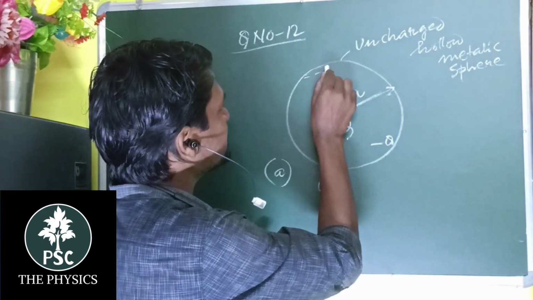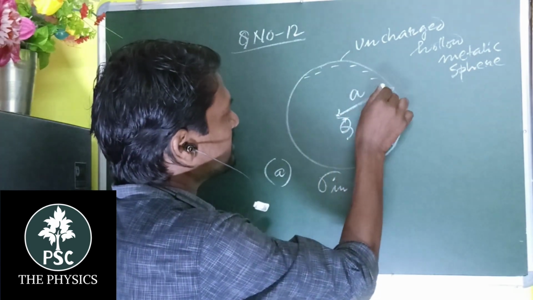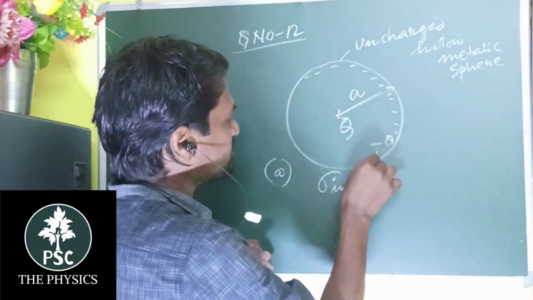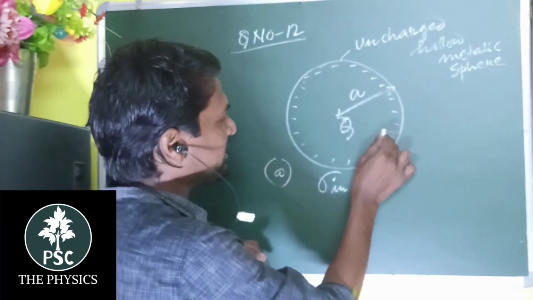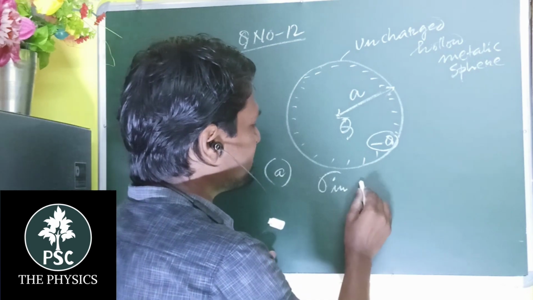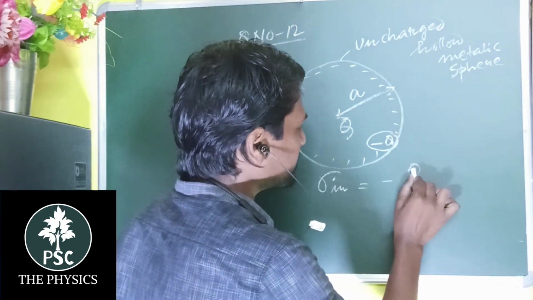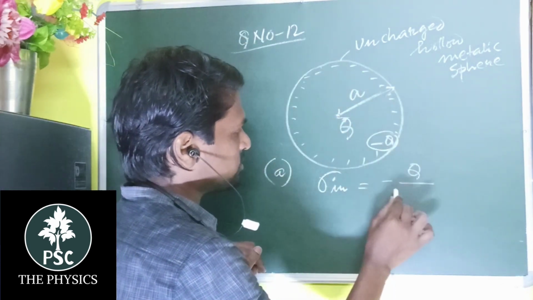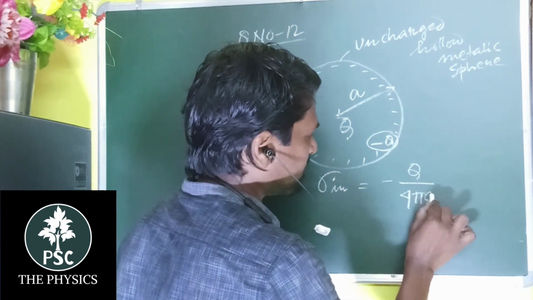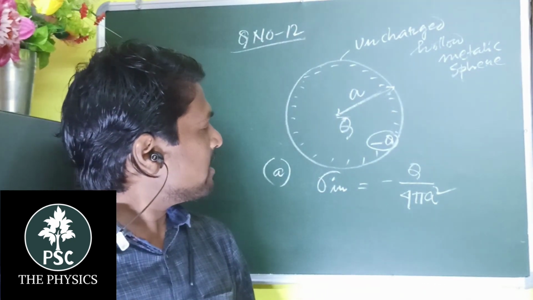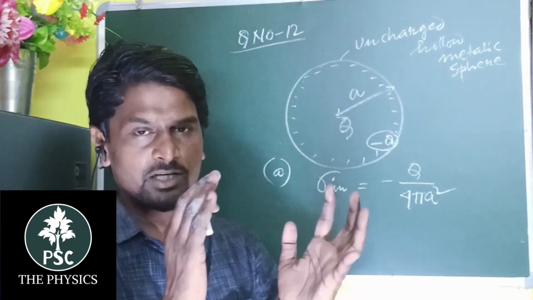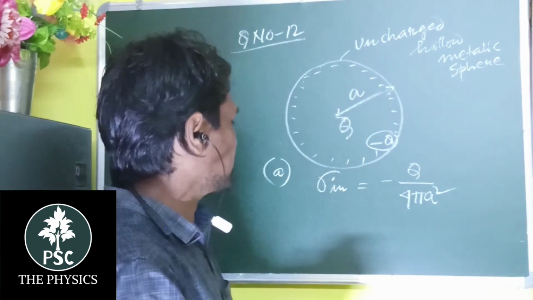So this is the minus charge induced on the inner surface of the sphere, and the amount is minus Q. So charge density equals minus Q divided by the total surface area, which is 4 pi a square, since it is a sphere.